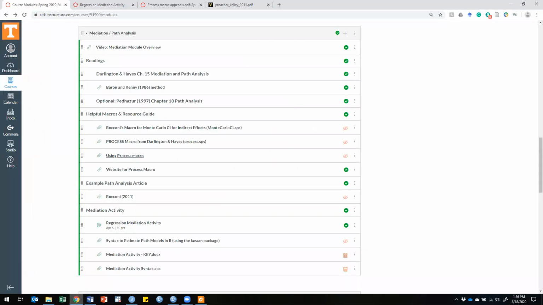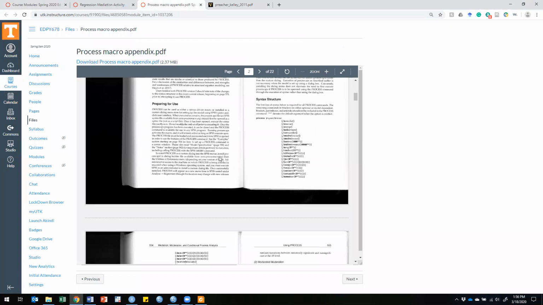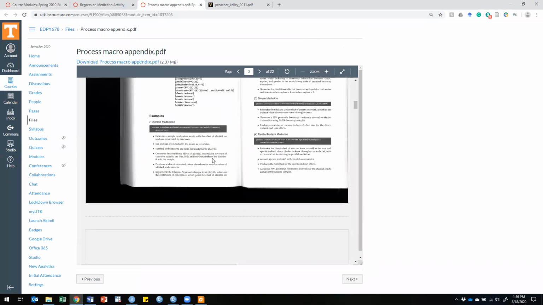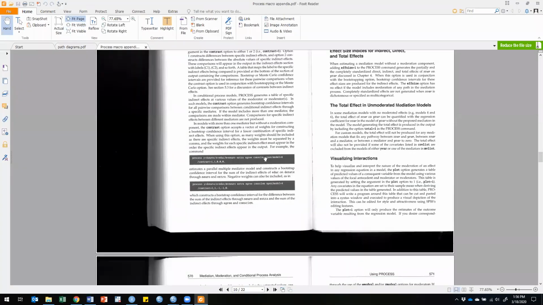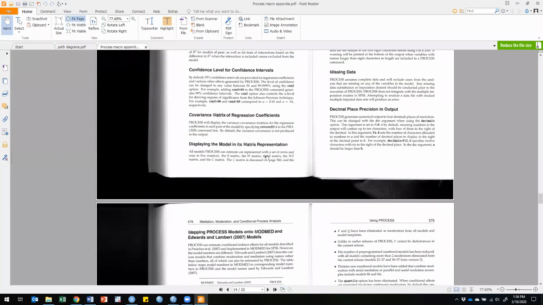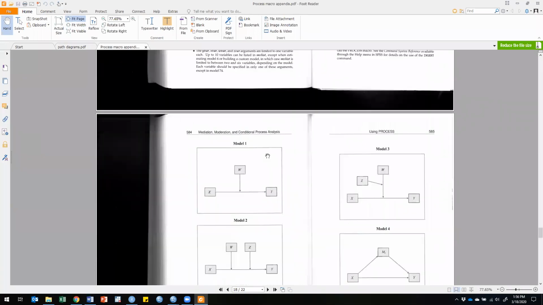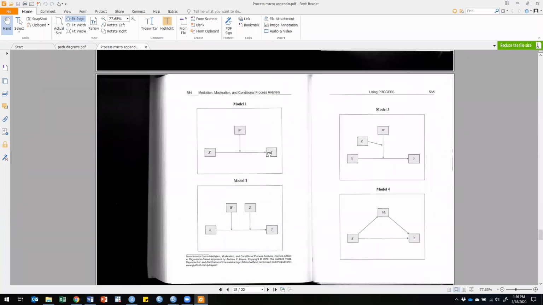If you look in the process macro appendix, it lists a bunch of different diagram models. Model 1 here is an example of a moderation. The influence of X on Y is being moderated by this variable W, so that's an interaction effect.